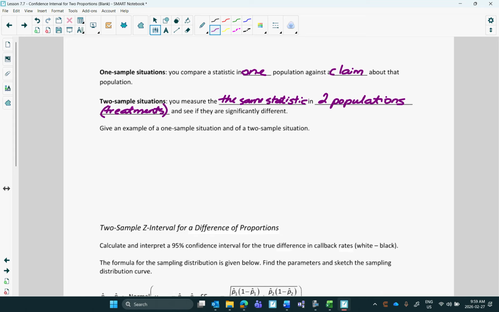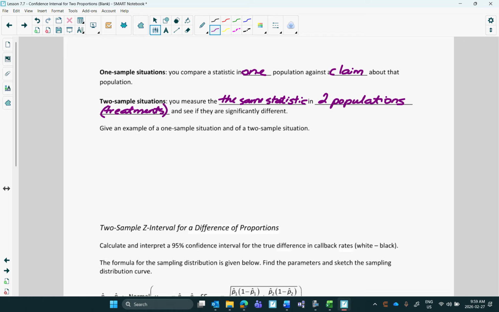So that means I can't say conclusively. However, if it was 3.4% and the margin of error was 2%, all the results are above 0, which means there's a positive difference in callbacks for white names than black names, which suggests convincing evidence of discrimination.